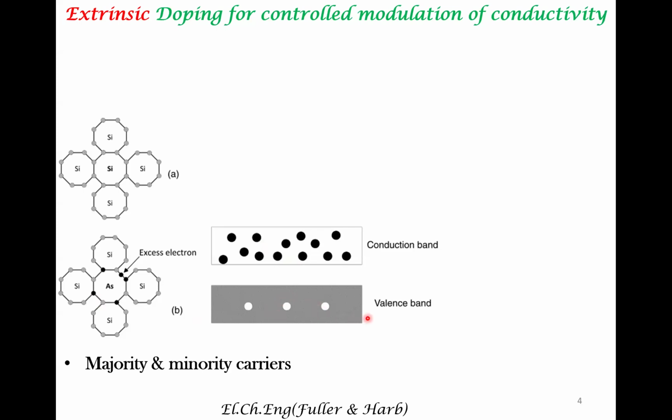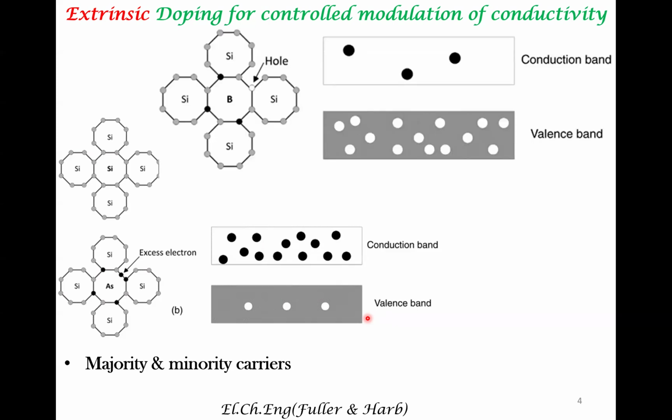As opposed to an N-type doping of a semiconductor, you can have P-type doping of a semiconductor. Let us take the case of silicon.